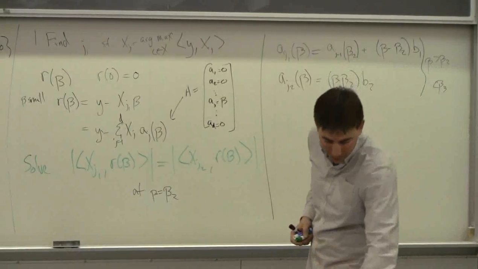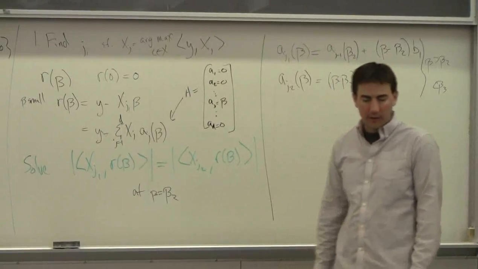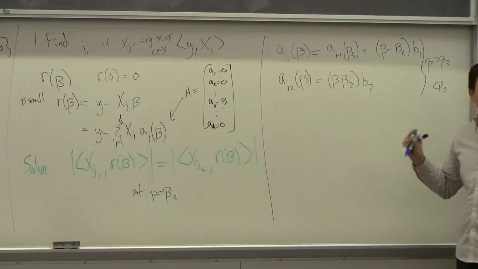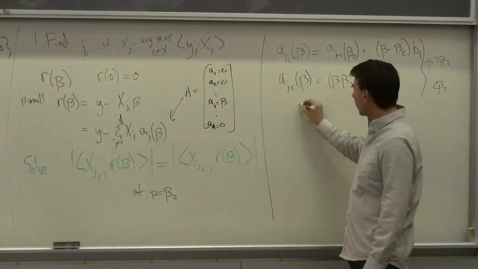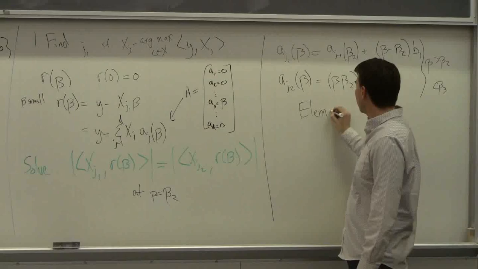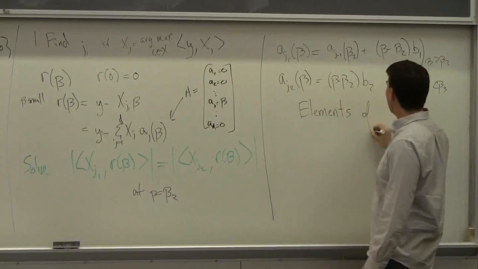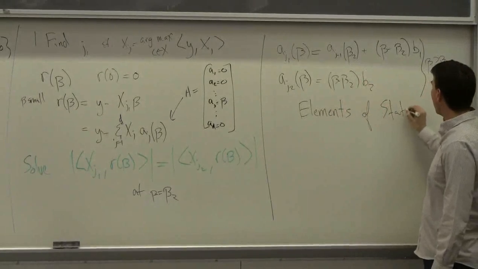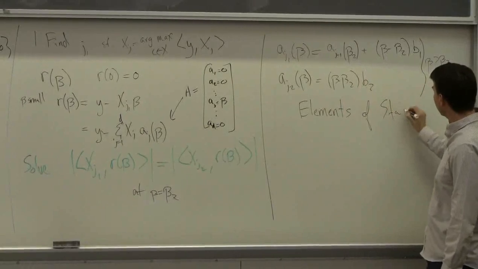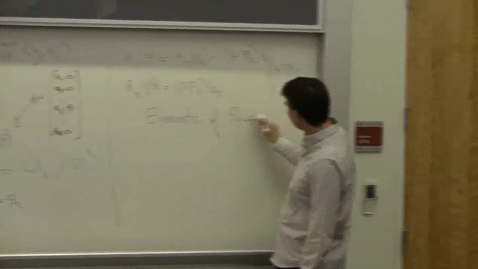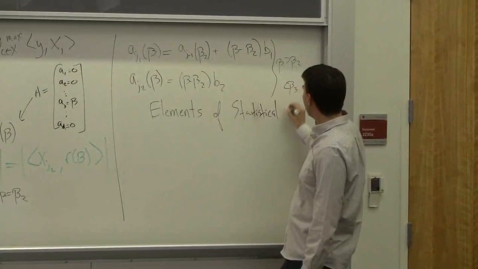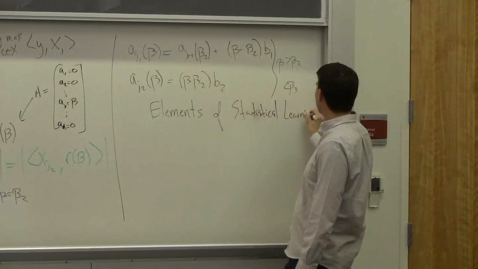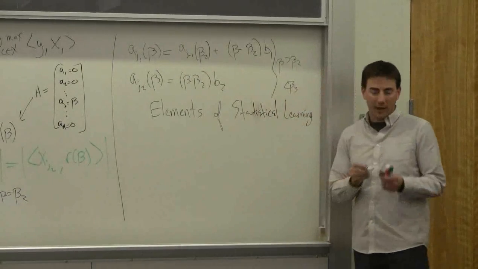So the whole procedure is pretty complicated, so I'm not going to go through the details. If you want to look it up, there's an excellent book called Elements of Statistical Learning, and it's free.